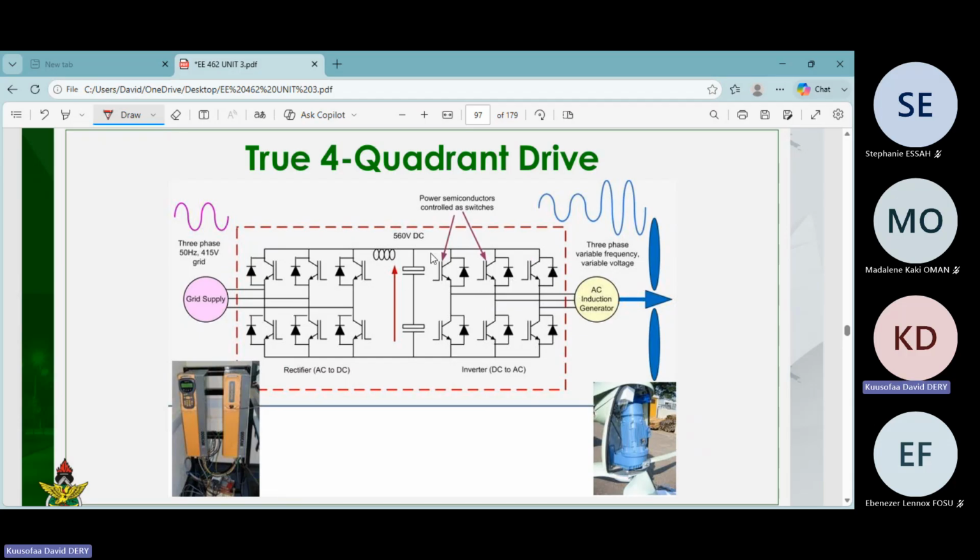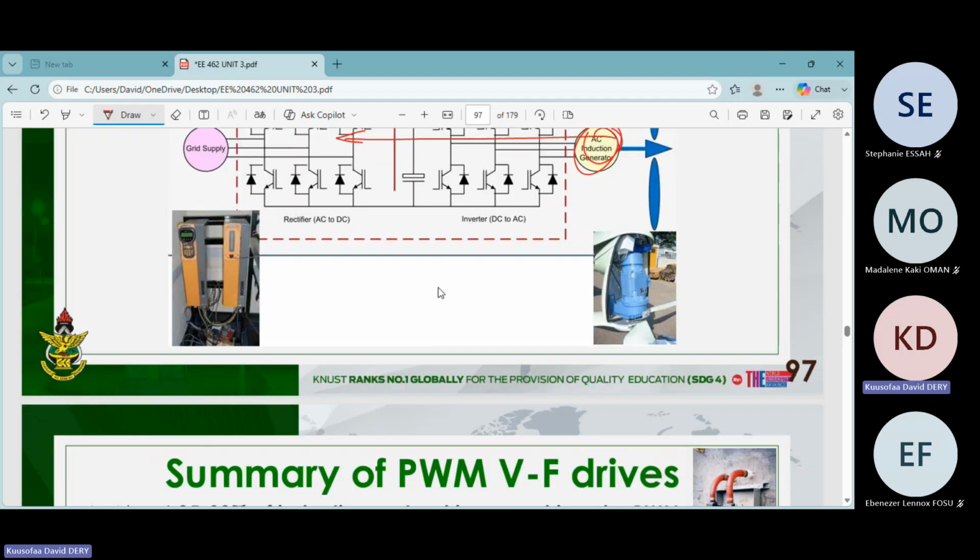So it can allow power to flow from the output side to this side. It can also allow power to flow from the grid to the motor. So you can use it in wind turbines for power generation. The speed can also be varied, because when you switch the phase sequence of the induction machine, you change the speed. So this one is able to operate in all 4 quadrants. That is what we have.